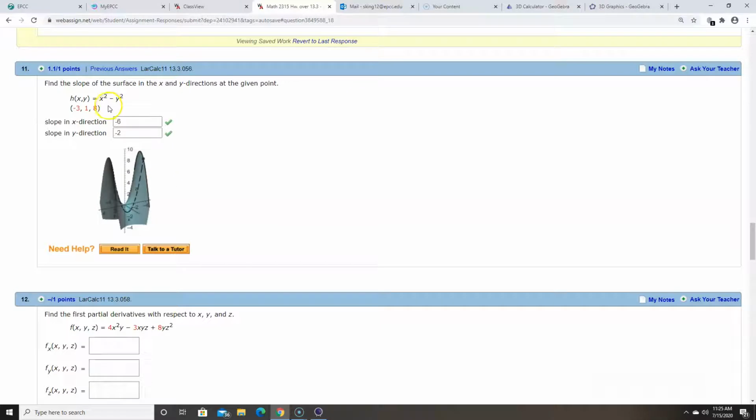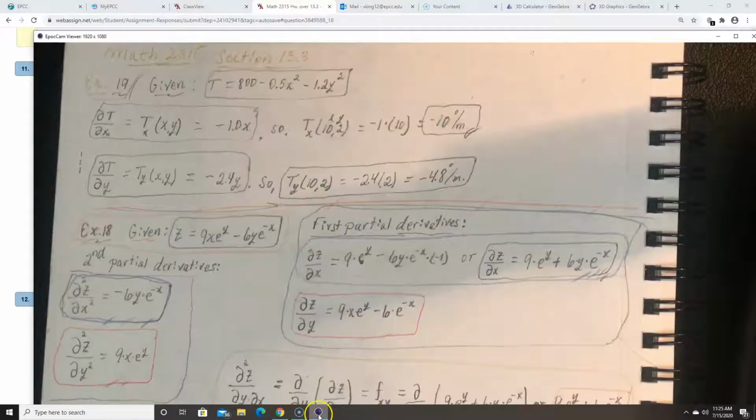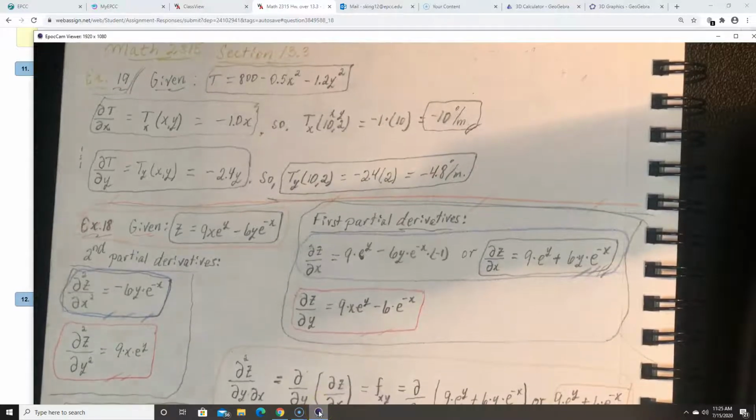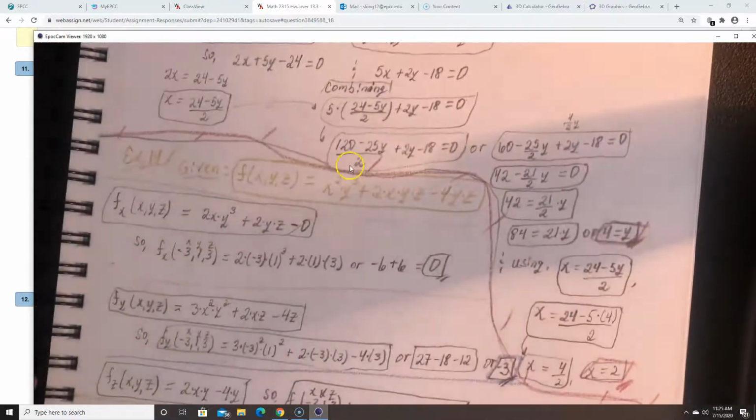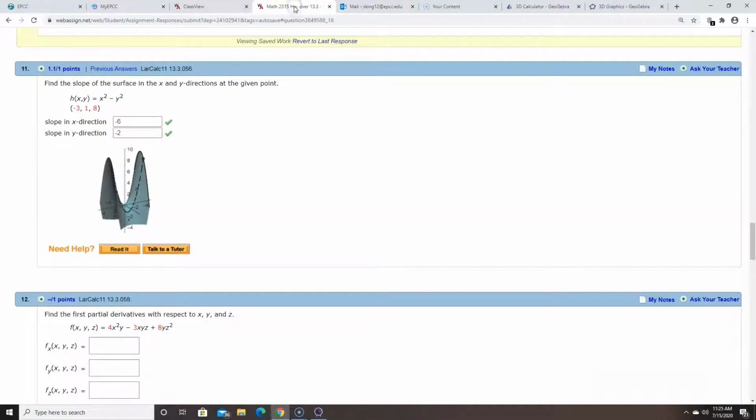But anyway, so we're going to compute the partial derivatives, and then we'll plug in the x and the y value. So this is number 11.